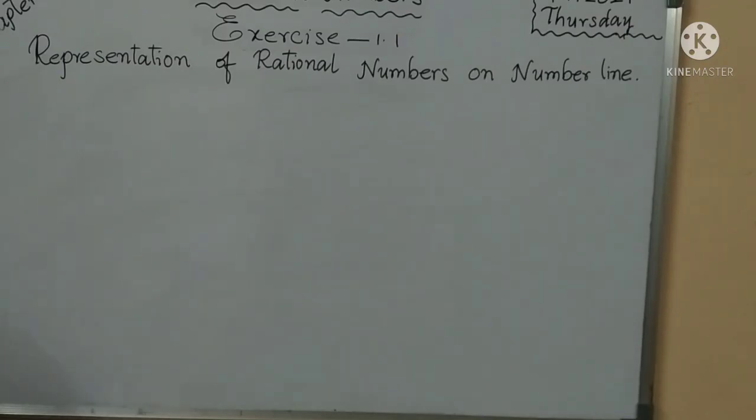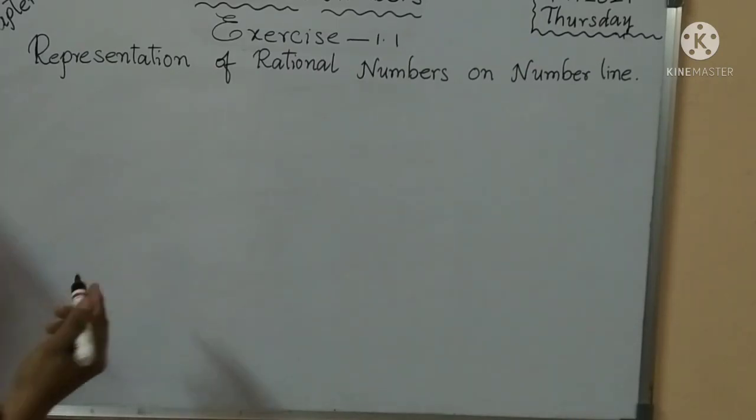Already we learned in previous classes natural numbers, whole numbers and integers on a number line. Now rational numbers on the number line. I think all are forgotten, so today once again I explain the natural numbers on the number line.